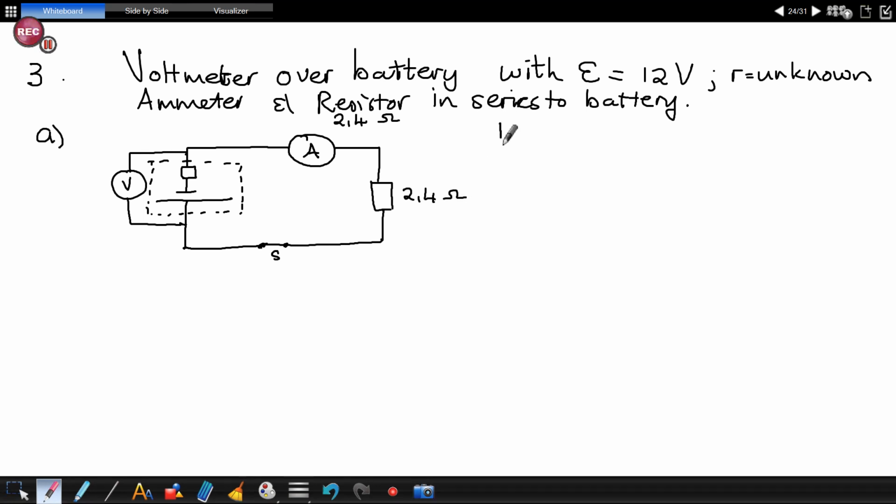That's A. B asks us, if the voltmeter reads 10 volts, calculate the reading on the ammeter. What would that be then? It would be the terminal voltage. The V external is 10 volts. The EMF is 12 volts.